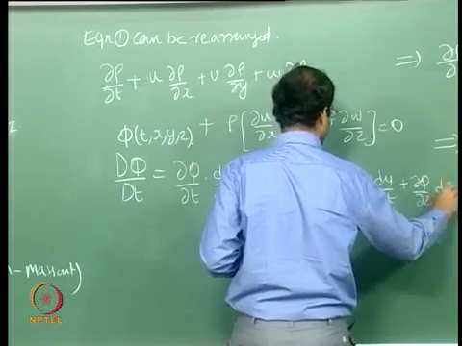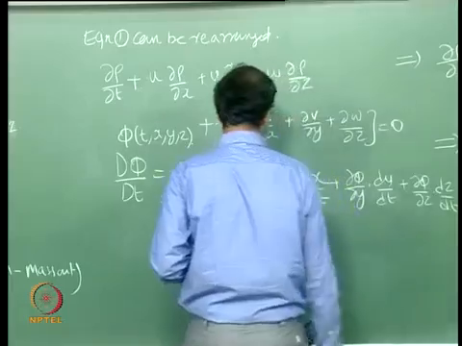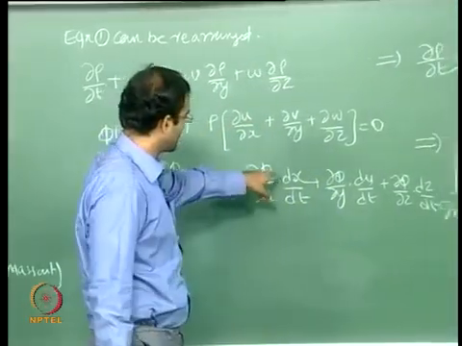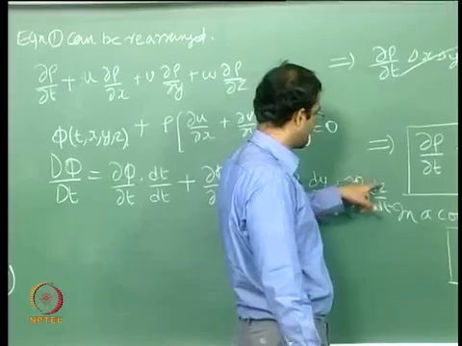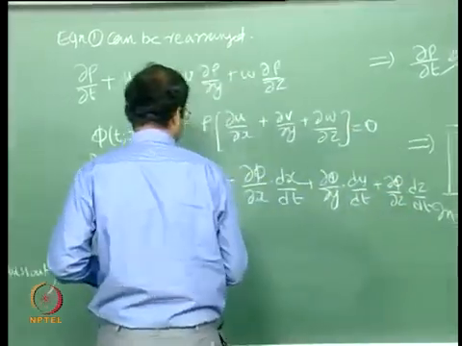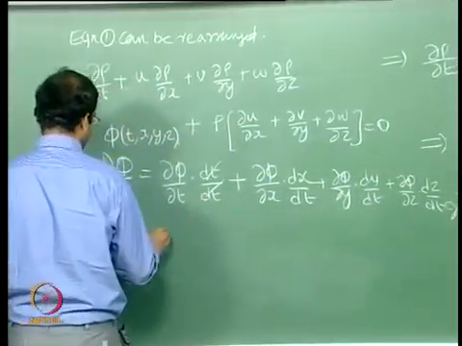Now we all know that dx by dt is nothing but the velocity in the x direction, dy by dt is the velocity in the y direction, and dz by dt is the velocity in the z direction, and this cancels off.